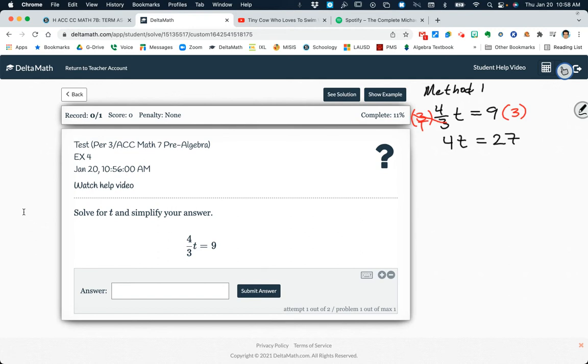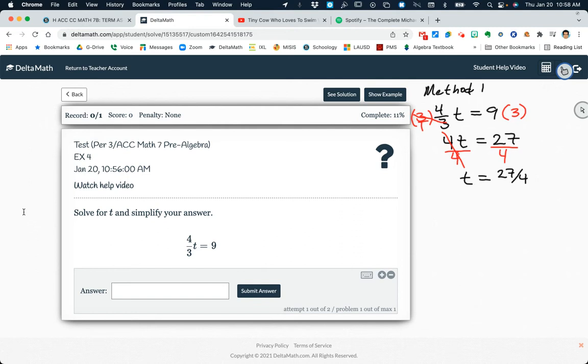So second step, divide. And I get t equals, well, 4 doesn't go into 27, right? Let's just leave it as an improper fraction, because yesterday we learned that that's as much as we can do. We get 27/4. Our answer is 27/4.